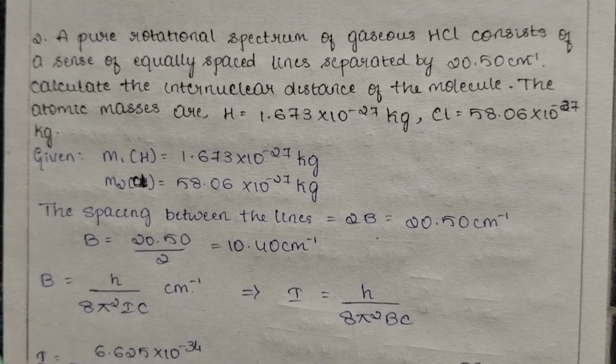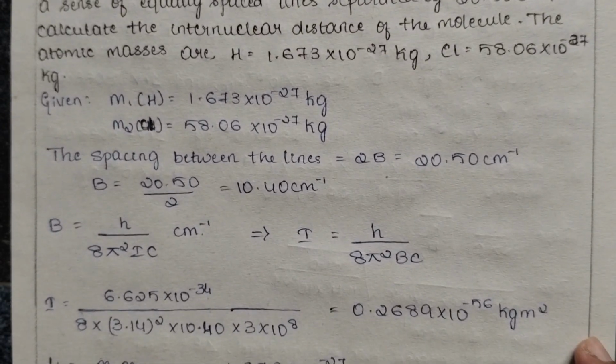And we know the equation to calculate the rotational constant, that is B is equal to h by 8 pi square I c centimeter inverse. Since we need the value of I, that is the moment of inertia, we'll just reverse this equation. Then we'll get I is equal to h by 8 pi square B c, where h represents the Planck's constant and c is the speed of light.